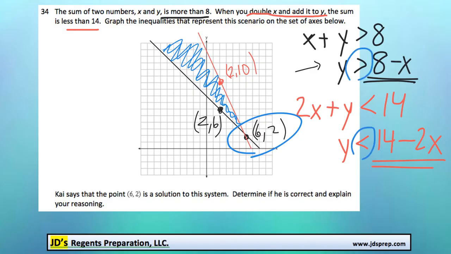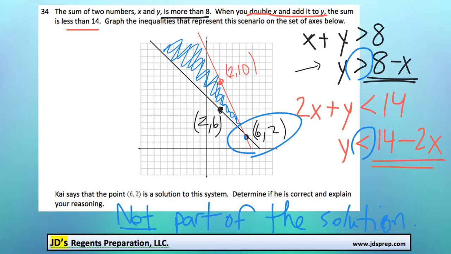So even though it's literally right on the cusp of both of these inequalities, the point (6, 2) is actually not part of the solution. It's pretty darn close, but it's not quite. And that's because the boundaries of both inequalities are not part of the solution set.